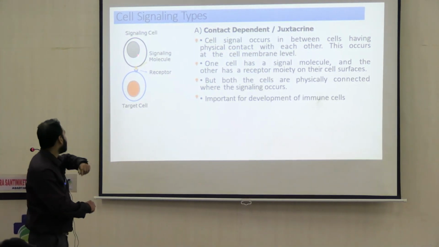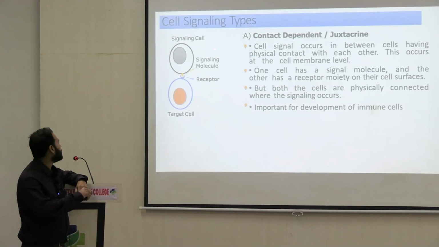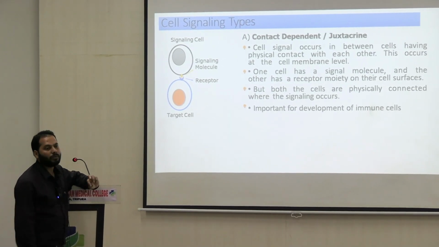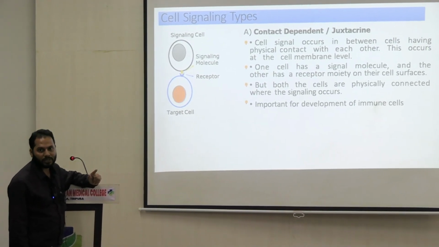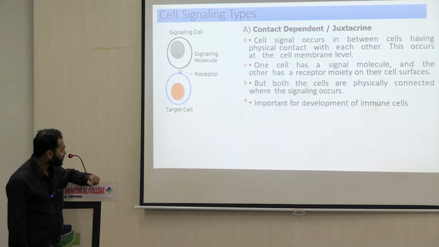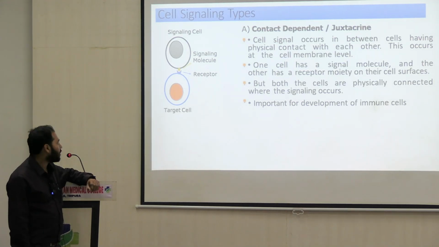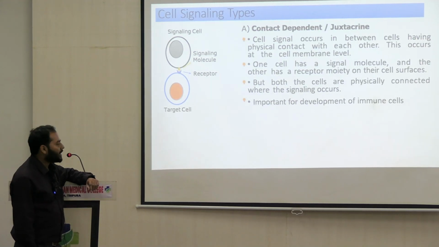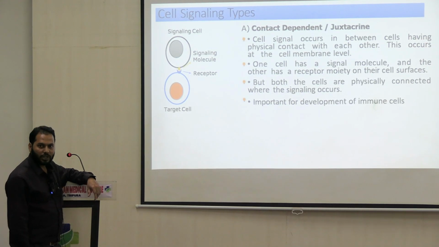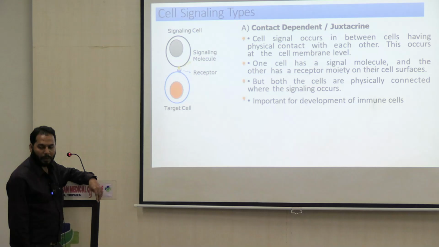So these are two adjacent cells and there is a specific receptor for the molecules, and the binding of the specific molecules to the specific receptors helps communication between these two cells. So this type of communication, contact dependent or juxtacrine signaling, is basically found in immune systems. Immune cells communicate with each other by these contact dependent mechanisms.